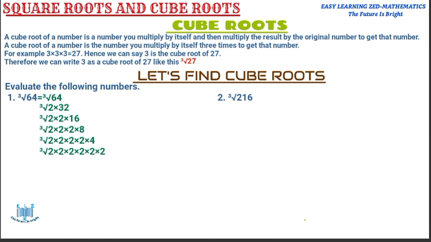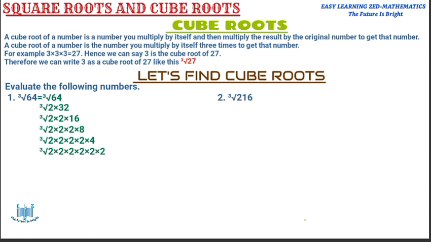Okay, once you have done this, then we have expressed 64 as a product of prime numbers. The next thing we are going to do is put them in 3 groups. Since we are finding cube roots, we're going to put them in 3 groups.